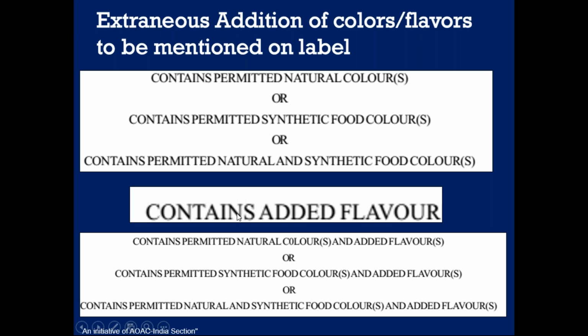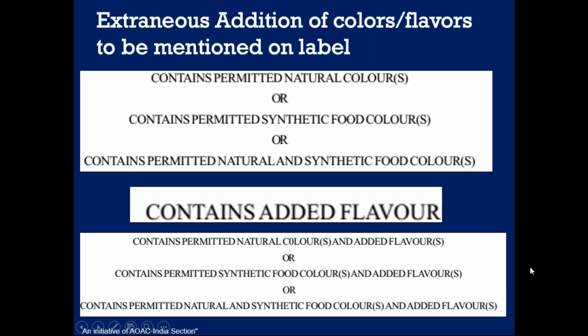The same goes with the added flavor. You have to say it contains added flavor, and it is up to you to put the name. If you're adding both flavors and color, you need to add contains permitted natural colors and flavors, or synthetic food colors and added flavors, or permitted natural and synthetic food colors with added flavors.